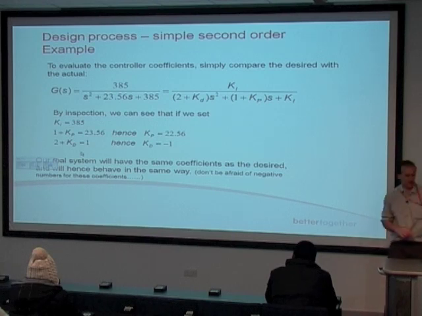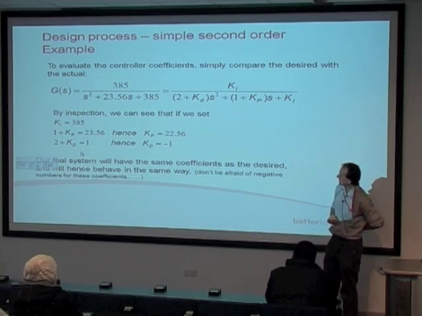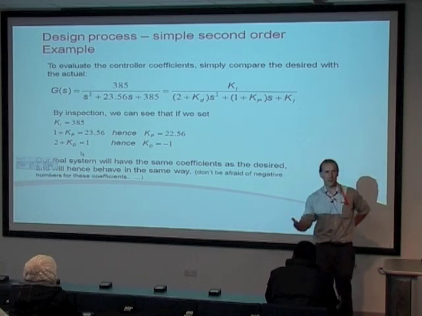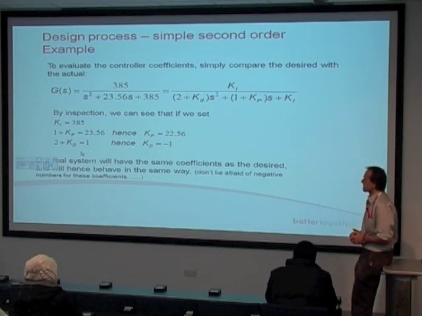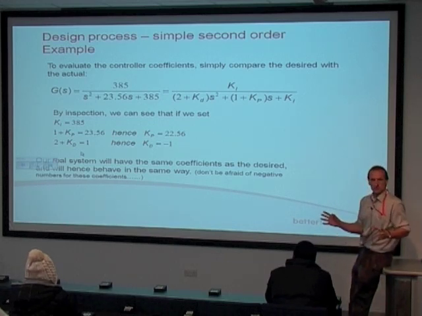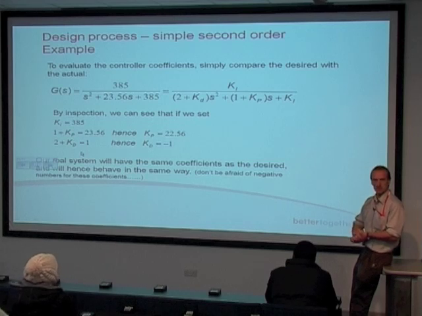In fact, I've done it slightly differently on this. You could simply tidy it up algebraically, but in this case, as noticed from the slide, I've actually just compared the coefficients directly. Can anybody spot, it's a strange problem to have, can anybody spot a difficulty with this, as I've presented it so far?